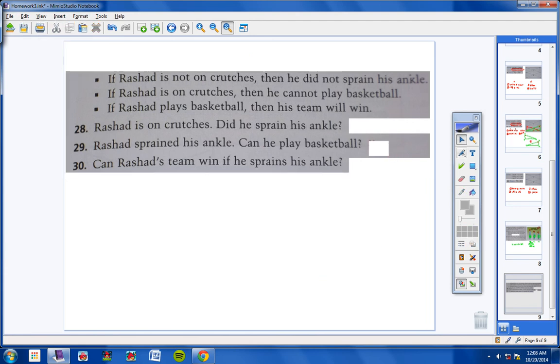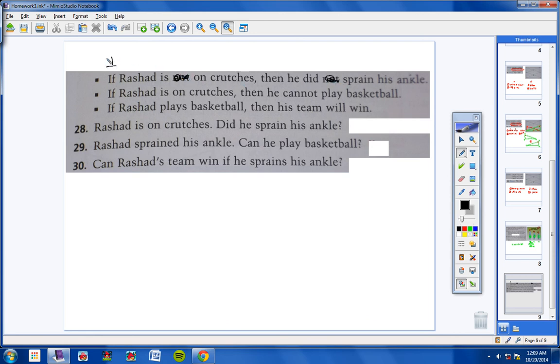All right, now let's go ahead and take this top sentence here, and let's change it so that we don't have the not, and we don't have the not. So we're going to write the contrapositive. Remember, we negate the hypothesis, and we negate the conclusion, and we swap places. So we're going to negate it by getting rid of the negative. So that word's gone, and that word's gone.